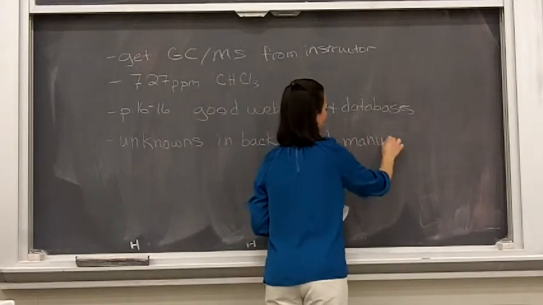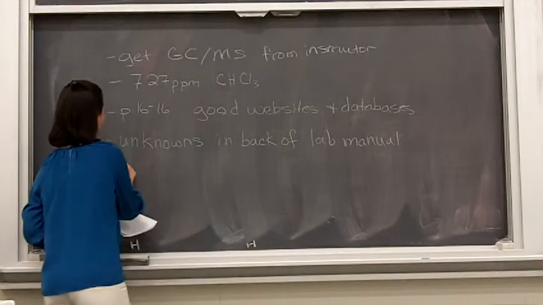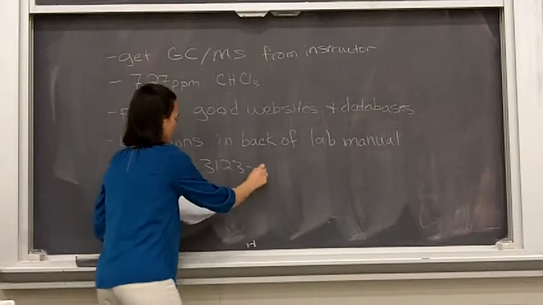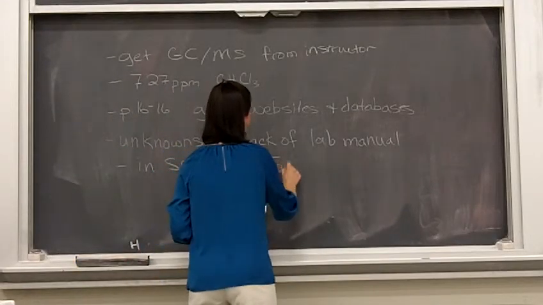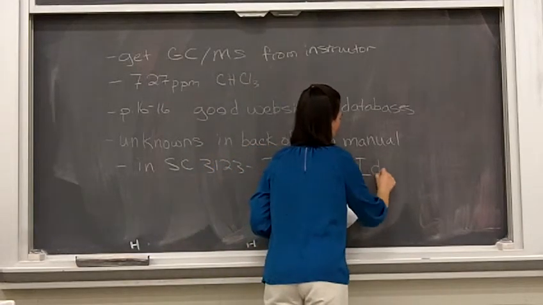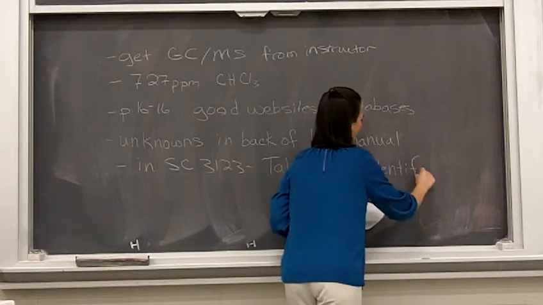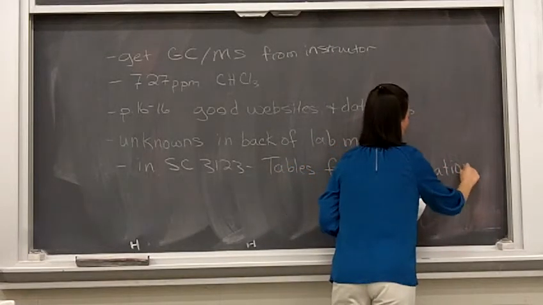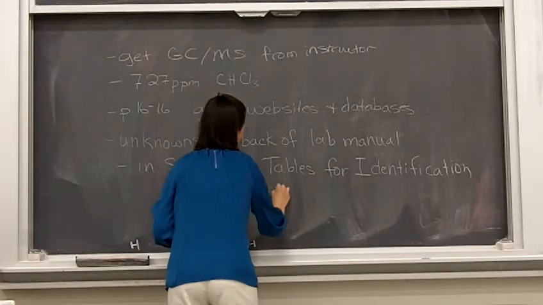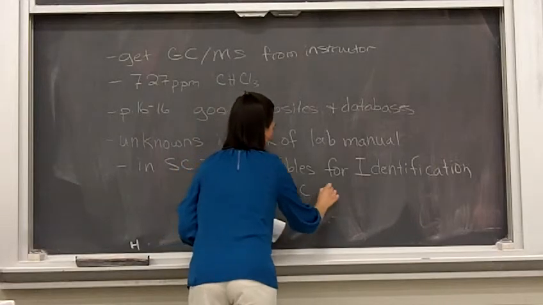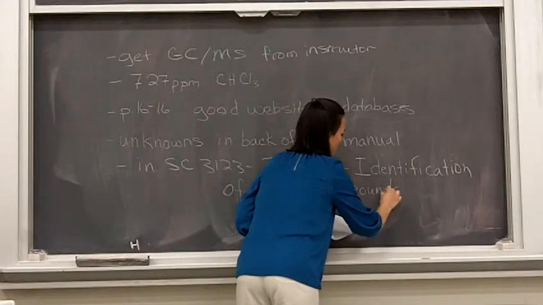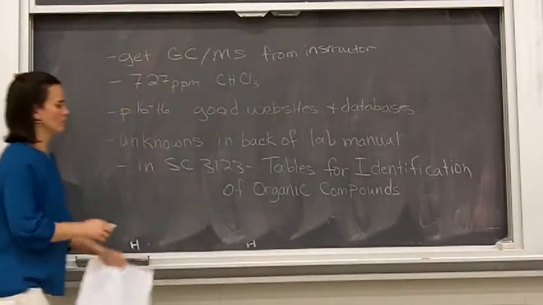If you can't find them there, then in 3123, the IR room, is the book of tables for identification of organic compounds. And remember, it's kind of falling apart, so be careful with it.